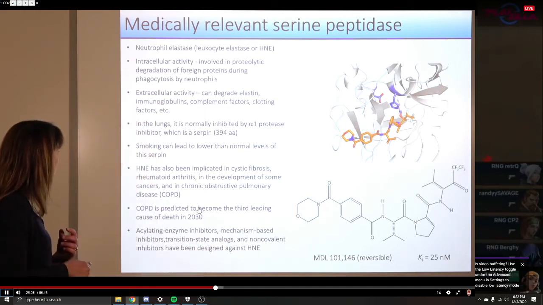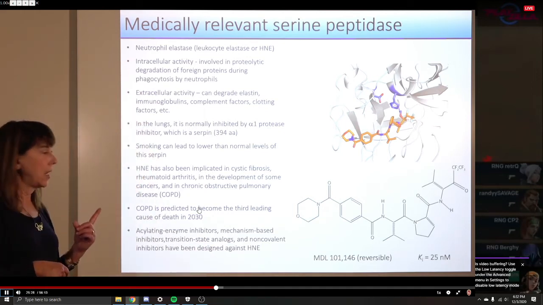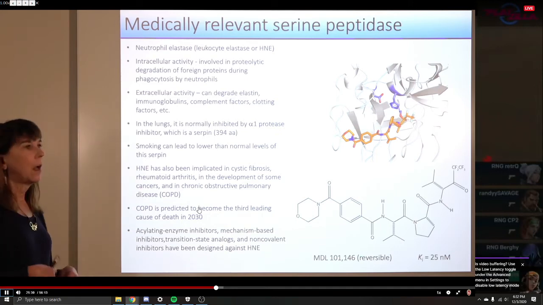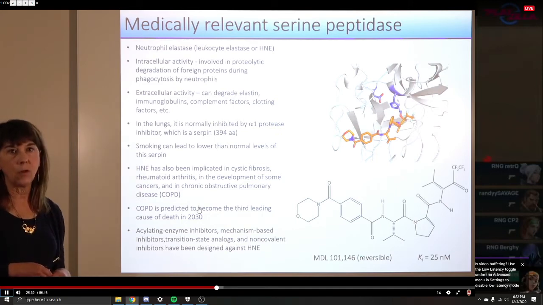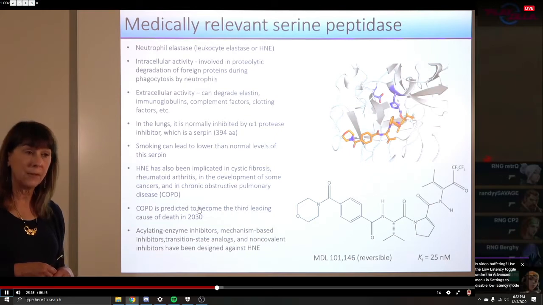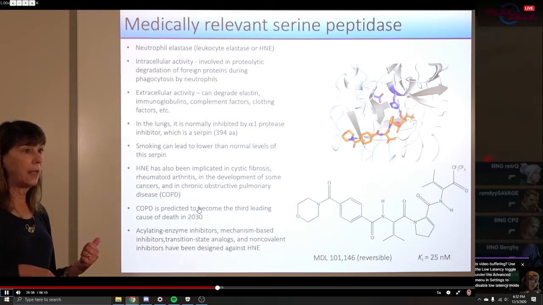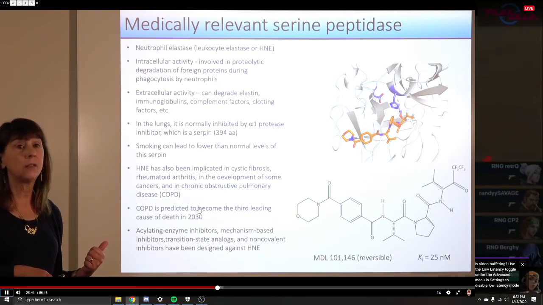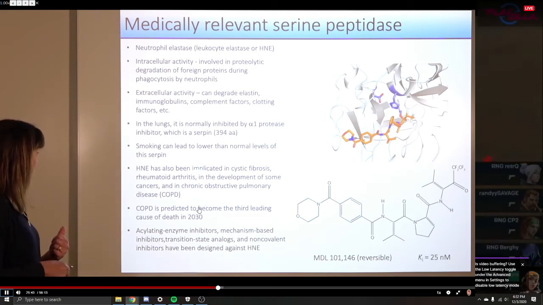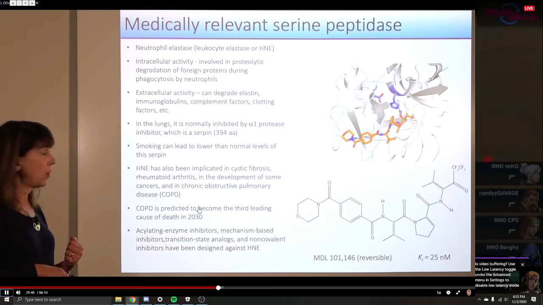But what happens with smoking is it leads to lower than normal levels of the serpin, and it's suggested that it actually contributes to emphysema, because you're taking the serpin level away, and that lets the human neutrophil elastase start chewing away. So it's been implicated in cystic fibrosis, it's been implicated in rheumatoid arthritis, it's been implicated in the development of COPD, which is chronic obstructive pulmonary disease.